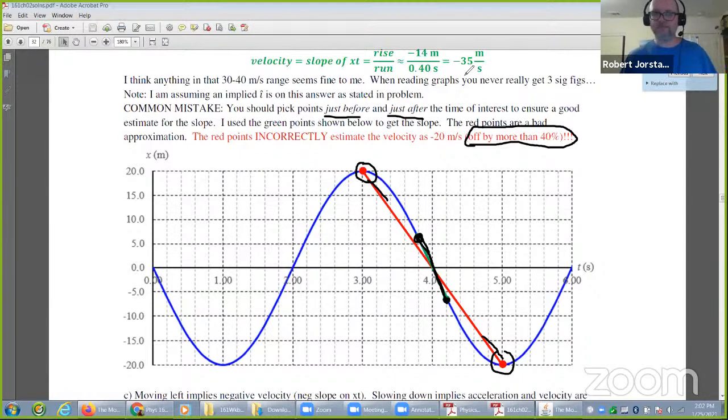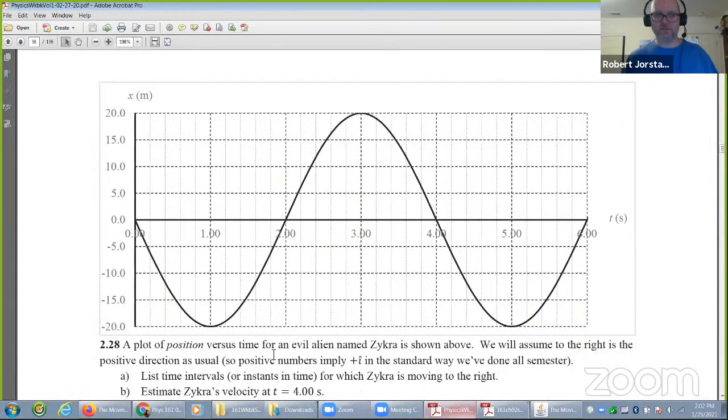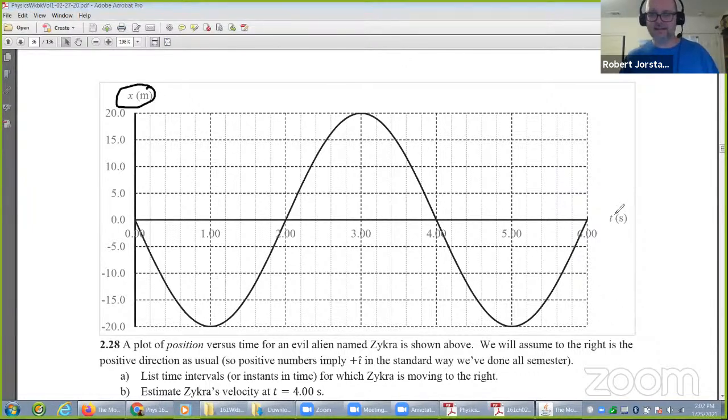Okay. So going back to here, I'm going to walk you through this problem. This is what I'm thinking. The first thing I do is I notice I've got an XT plot. When I have an XT plot, I go to my workbook.